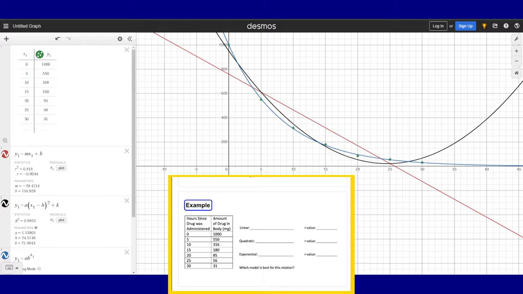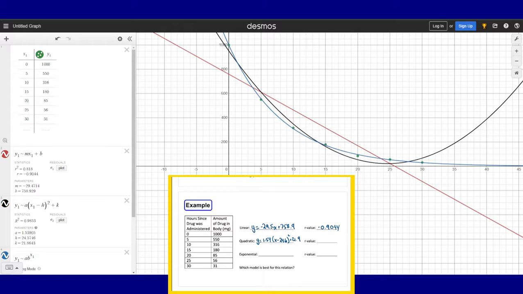So for linear, our equation would be y equals negative 29.5x plus 758.9. The R value is negative 0.9044. For the quadratic model, we have y equals 1.54 times (x minus 24.6) squared plus 21.9.